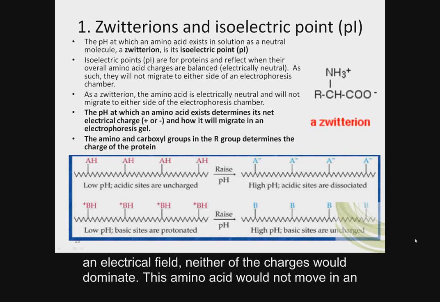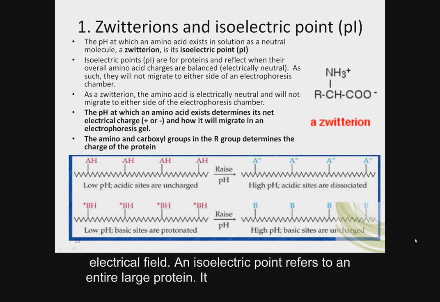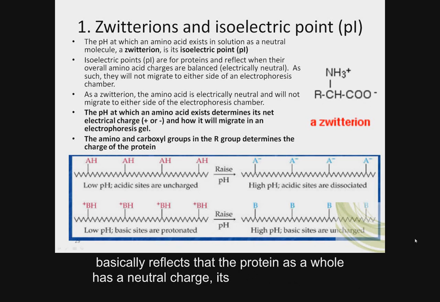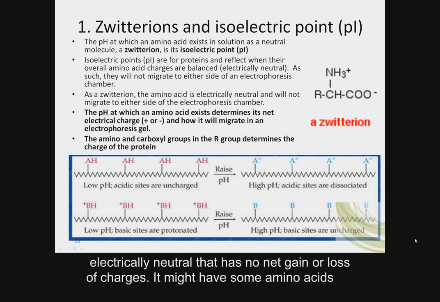An isoelectric point refers to an entire large protein. It basically reflects that the protein as a whole has a neutral charge. It's electrically neutral. That means there's no net gain or loss of charges.